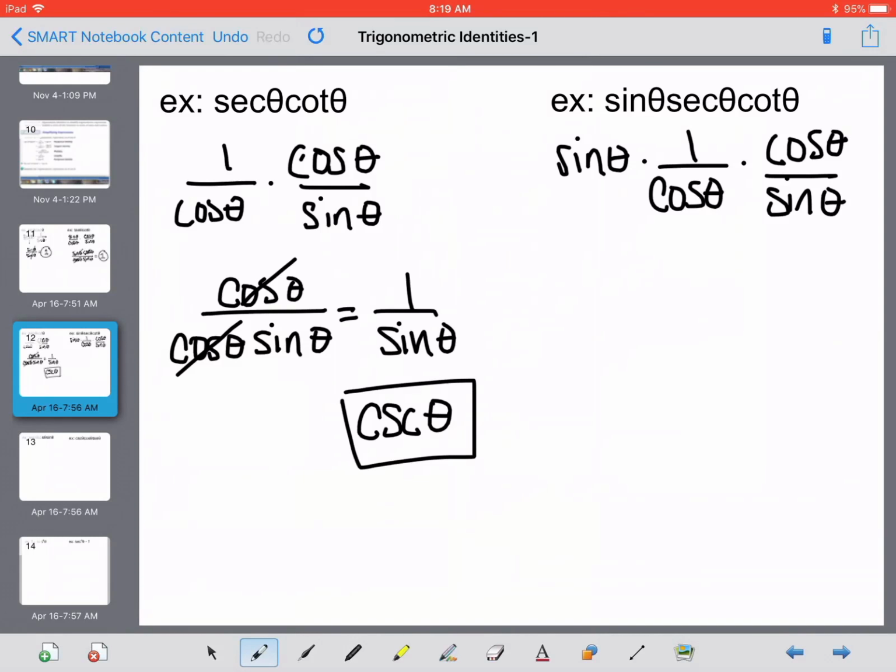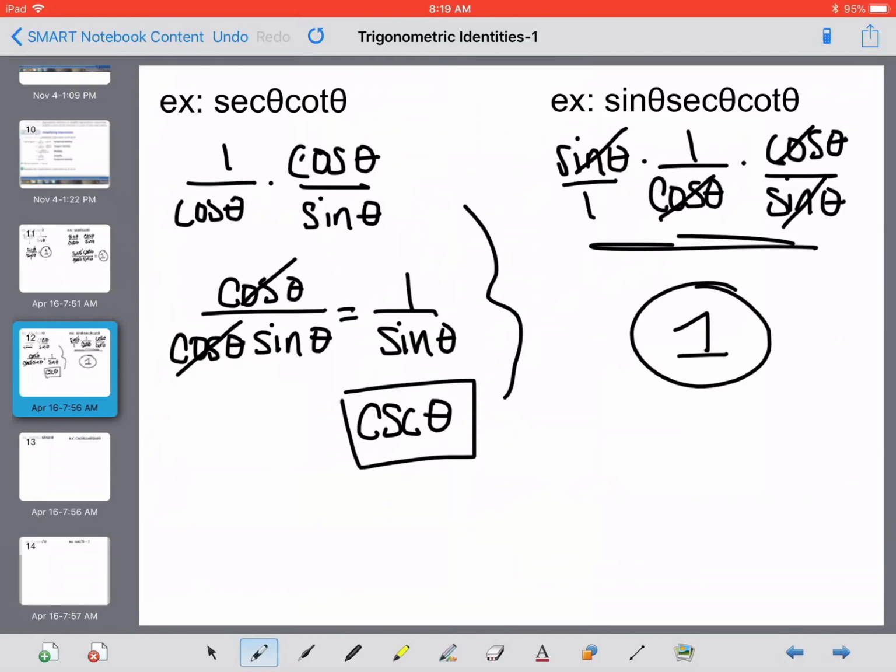Some of these you can already tell that things are going to cancel out, like the cosines and the sines. The more practice you do, the less you'll have to show all of this work, and you'll get used to doing stuff like this. So that simplifies to be 1.